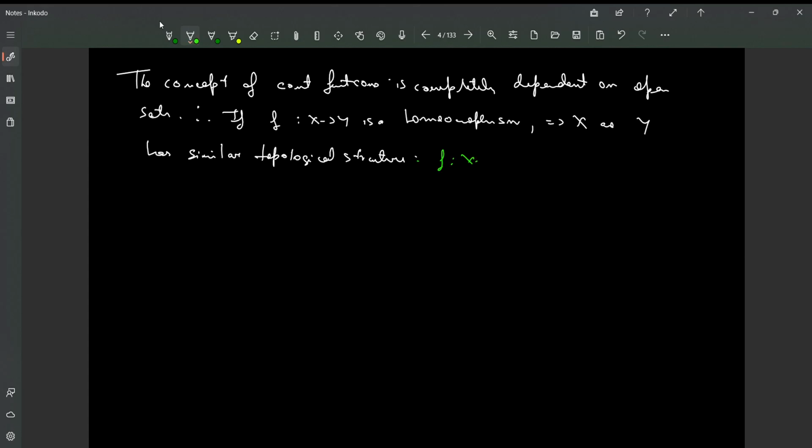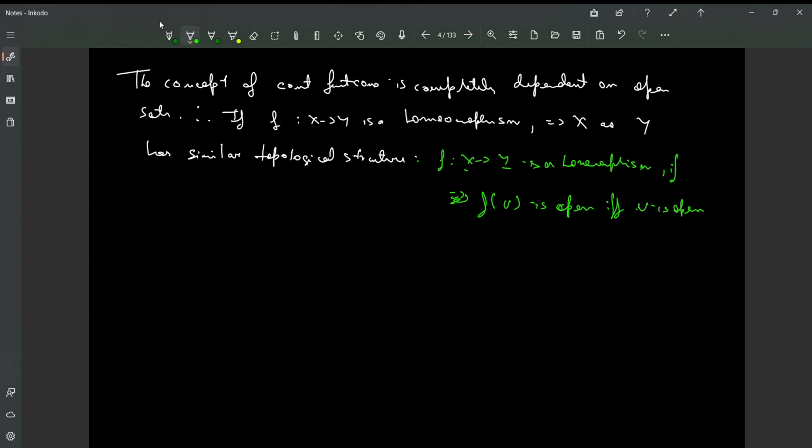Observe that if f from X to Y is a homeomorphism, then we have seen that f and f inverse both are continuous. So doesn't that imply that f from X to Y is a homeomorphism if f of U is open if and only if U is open, right?